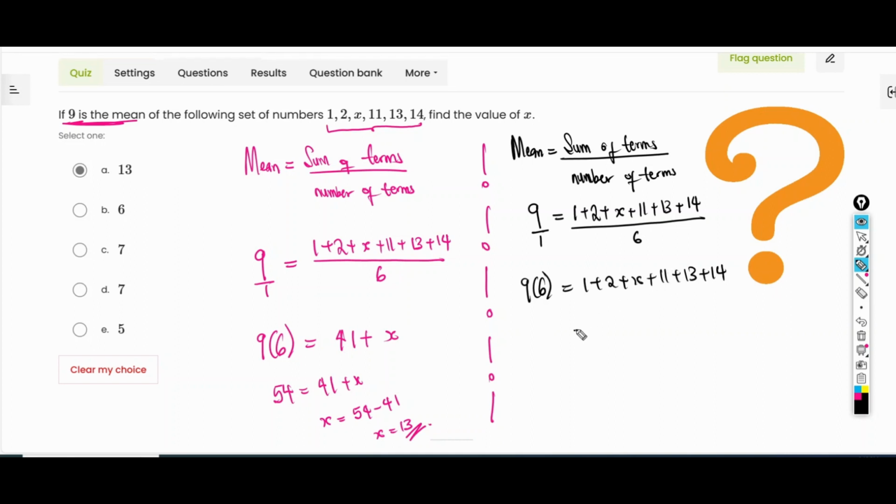If I add up everything I have here, I would have 41 plus x is equal to 54. So subtract 41 from both sides, my bad. I will have 13 is equal to x. So either way, 13 is the answer.